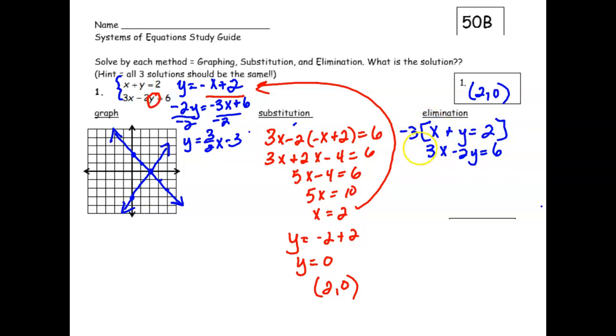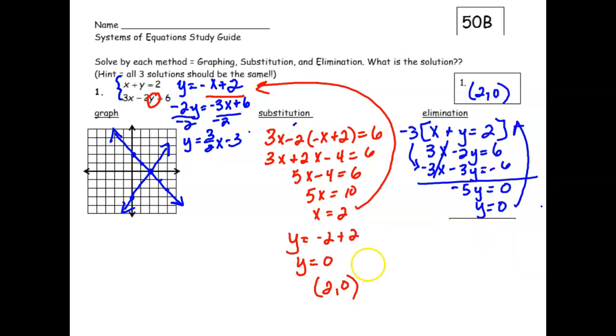When I do that, I've got -3x - 3y = -6. So I eliminate my x's and I get -5y = 0, or my y is 0. Again, I plug it back in to get my x, so x + 0 = 2, or x would be equal to 2.